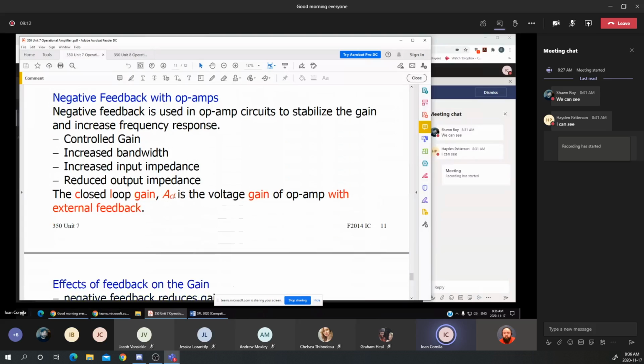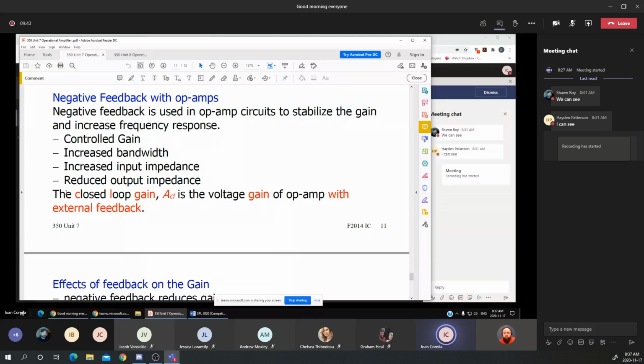The notation is ACL, where A is for the gain or the amplification, and CL is the closed loop. This means that we are dealing with two gains, the open loop gain, AOL, and the closed loop gain. The closed loop gain has the external components attached between the input and the output.